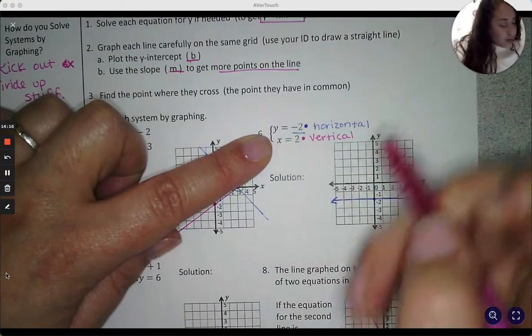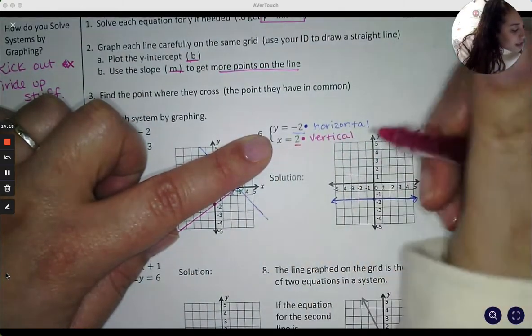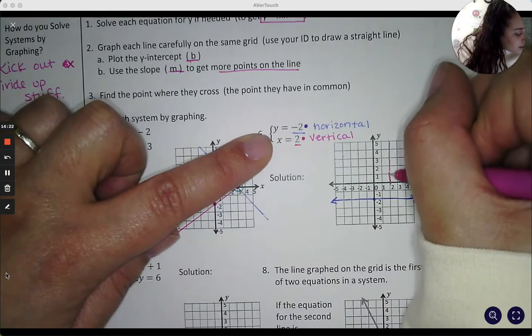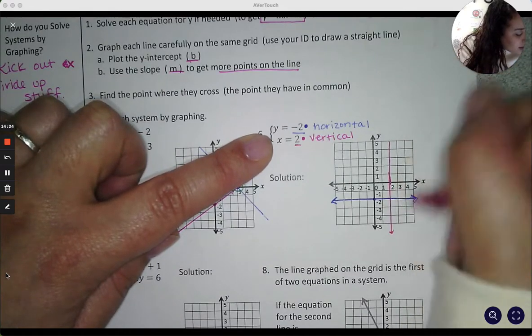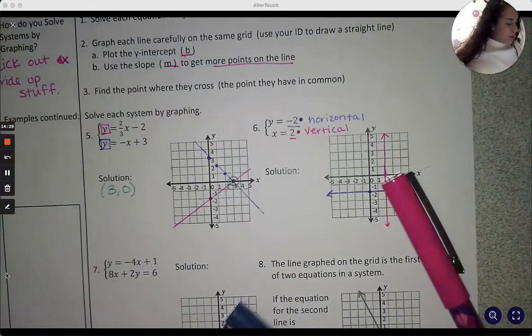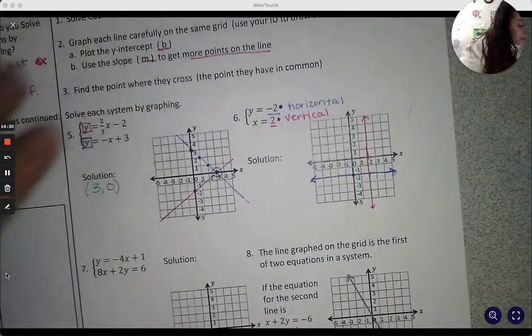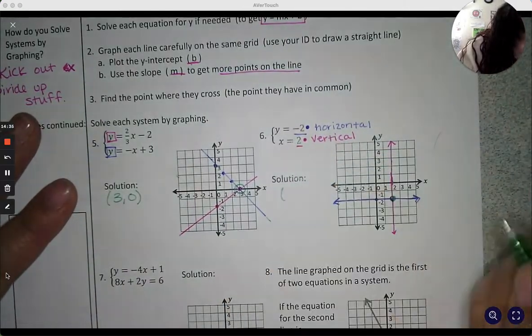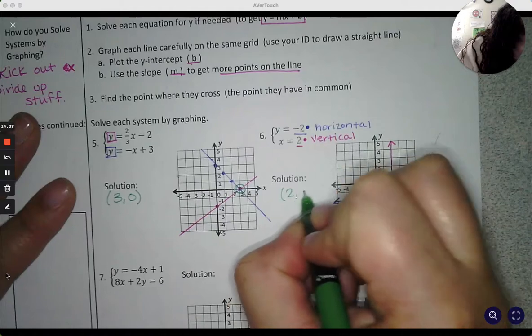And vertical goes through the x value at 2, so 1, 2. So this one right here. There's my solution. What is that, 2? -2.